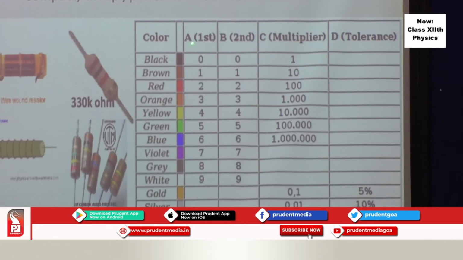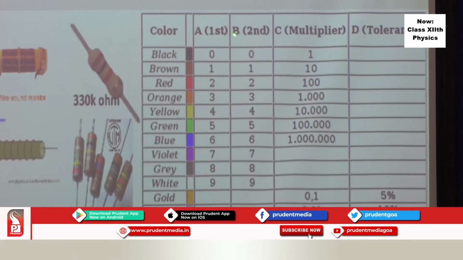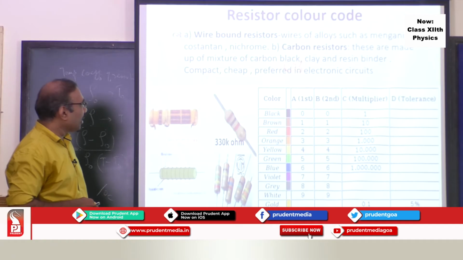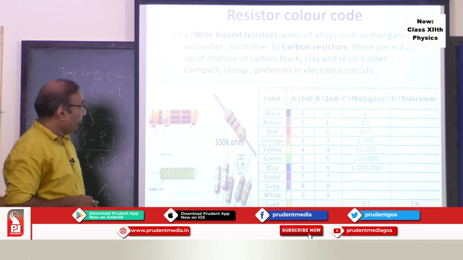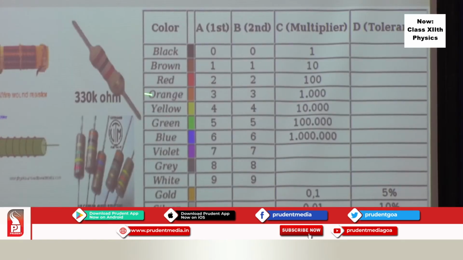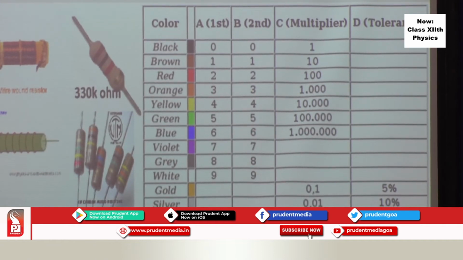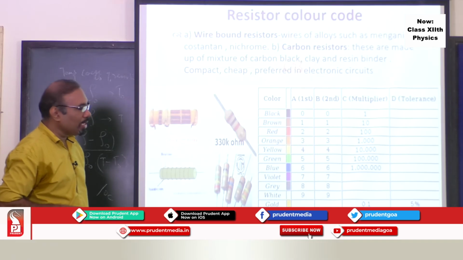The first band gives the first digit. The second band gives the second digit of the number, and the third band gives the multiplier, a power of 10. The fourth color is gold, silver, or no color, and it gives the tolerance, which helps find the range of the resistance. If the fourth color is gold, the tolerance is 5%; silver, 10%; and no color means 20%.